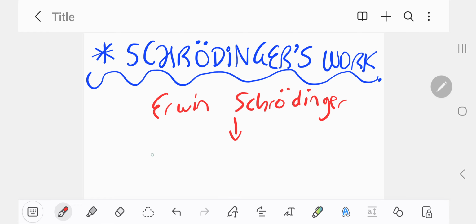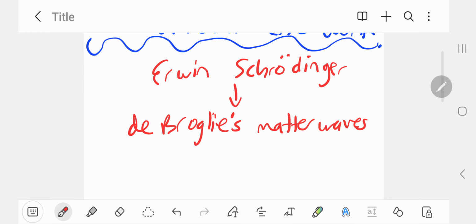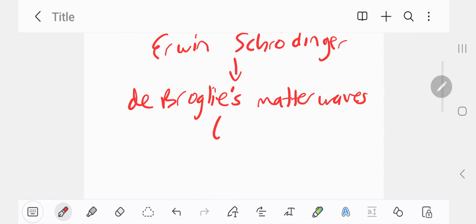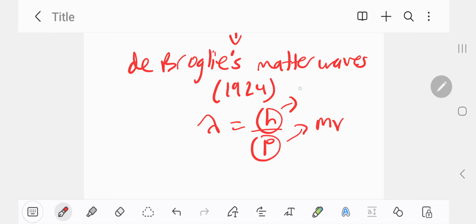Schrödinger built on Louis de Broglie's matter waves, his idea of matter waves, to formulate a new model of the atom. So de Broglie, in 1924, proposed that particles like electrons can have wave-like properties through the formula lambda is h over p, where p is the momentum, mass times velocity, and h is Planck's constant, 6.626 times 10 to the minus 34 joule seconds.